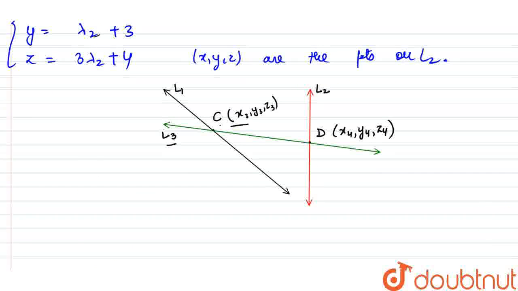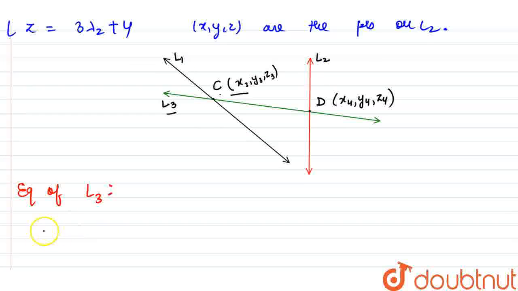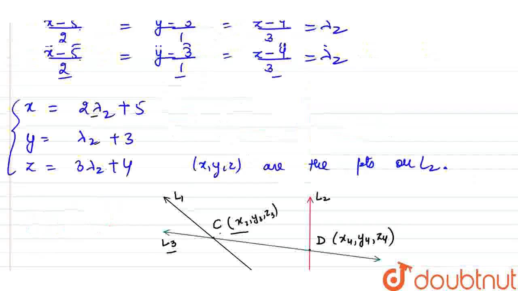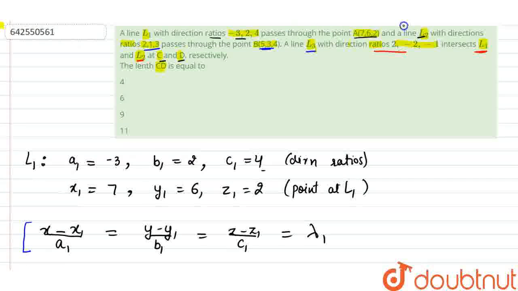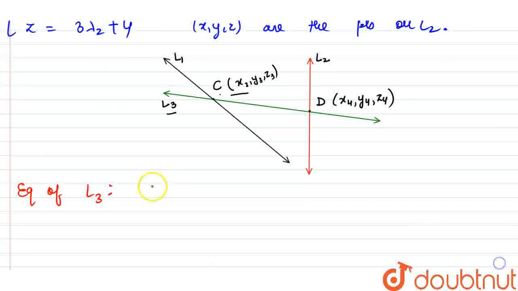Let us find out the equation of line L3. On a similar basis, since we have been given the direction ratios of line L3, they are 2, -2, -1. Let's denote them with A3, B3 and C3.